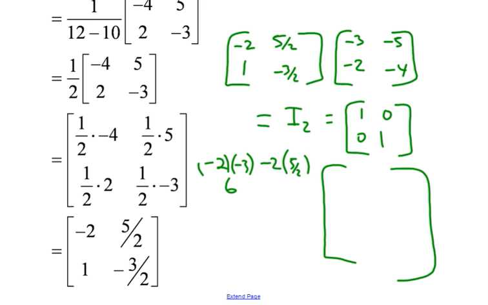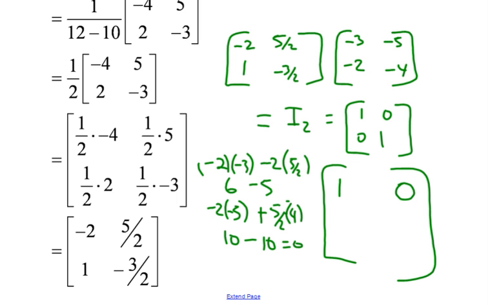So you can see it's 6 minus 5 is 1. -2 times -5 minus 5 over 2 times 4, -4. Nope, sorry. Plus minus. So we get 10 minus 10, which is 0.